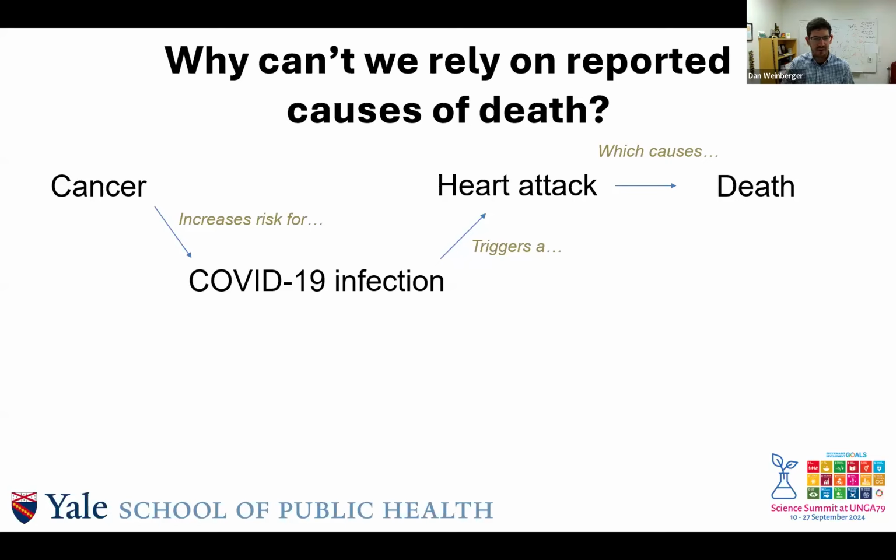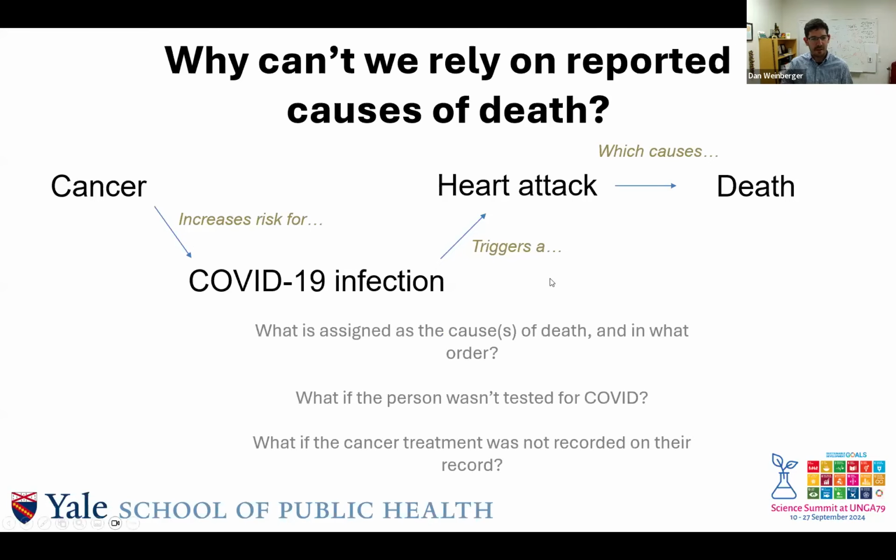It's really an art how you assign the cause of death in these situations. There are good guidelines out there for how you do this assignment, but there's still an element of judgment. So you have to think about what's the underlying cause of death here. It should be recorded in this situation probably as the COVID infection, maybe it's the cancer.